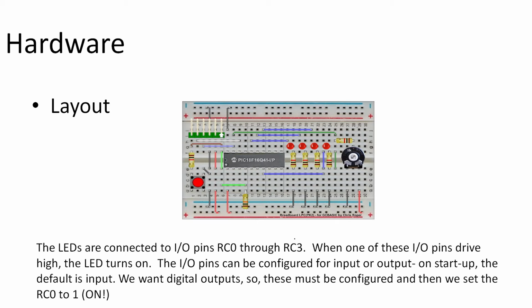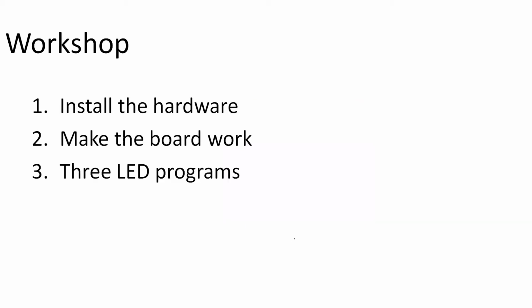We want a digital output, so we're going to set its direction to out, and then we're going to turn it on. Very simple. Okay, so in the workshop, we're going to assume that you've got your hardware working, you've got your software installed, you've made your board work because you've done that test in terms of you can find the chip. Let's just make these LEDs work, shall we?